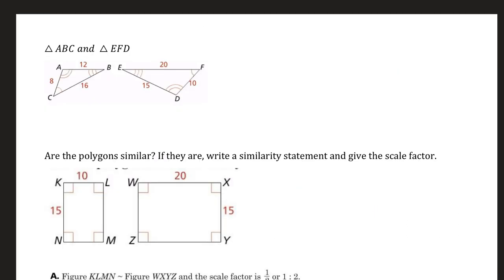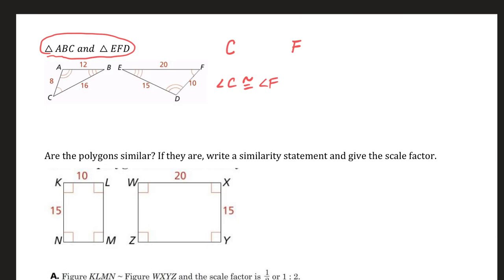I got to check if these two triangles are similar, but please don't go off this statement. It's not written correctly. We have to use the diagrams to figure out which angles are corresponding. So C is corresponding to F. That means that those two angles are congruent.